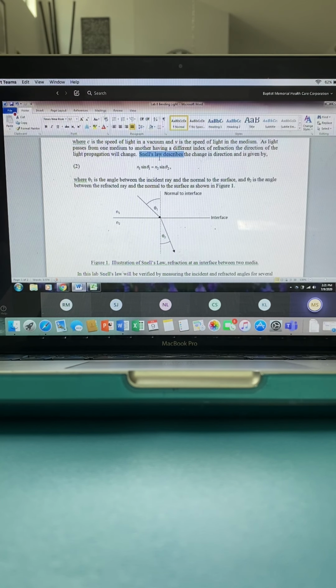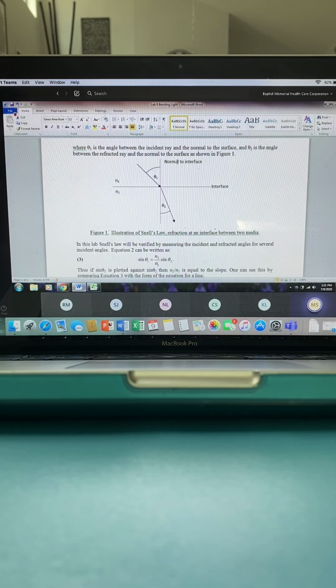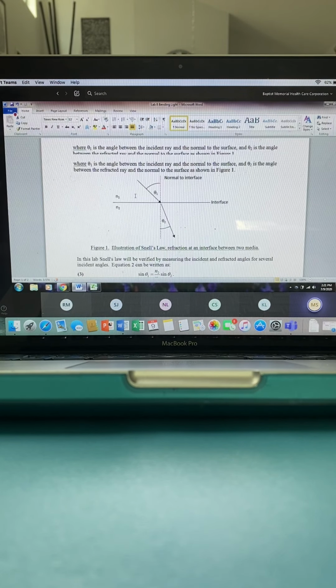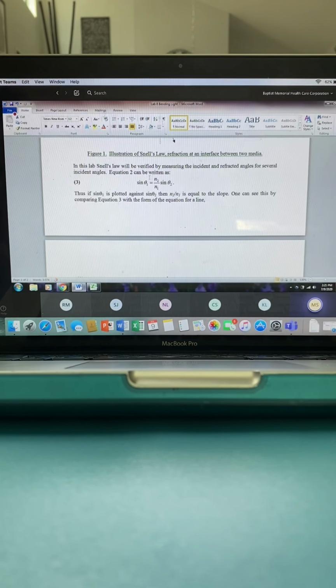If you want to Google it, you can do it, get some ideas about it. And after you discuss Snell's law, this equation is very important. Based on this equation, you are calculating the index of refraction of the second media.